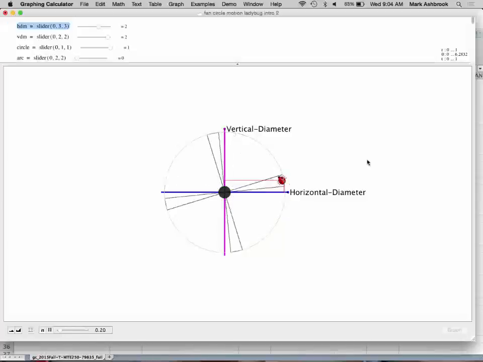There are 3 quantities we're focusing on.